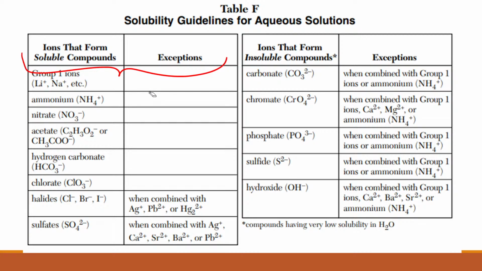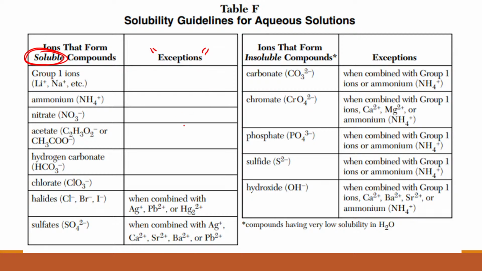The first group of columns shows us ions that normally form soluble compounds, right? Ions that can normally be broken apart by water. And we see there are a lot of options here. The other piece of the column is this exceptions piece.